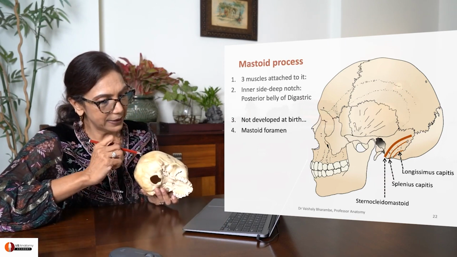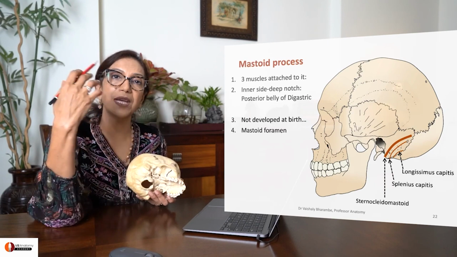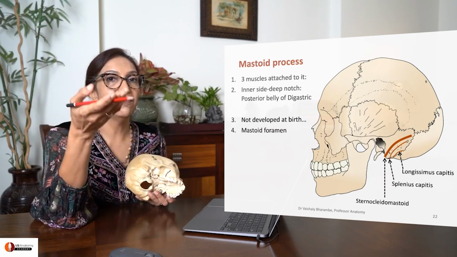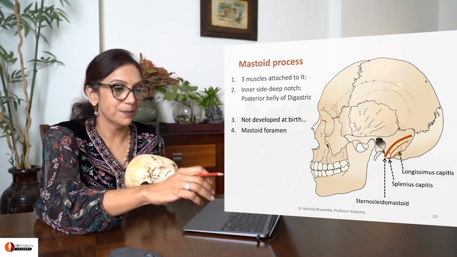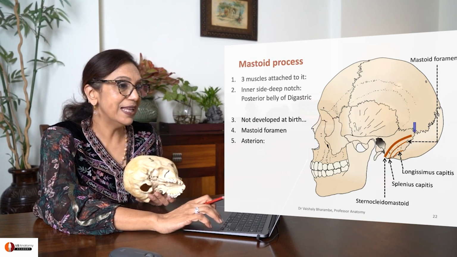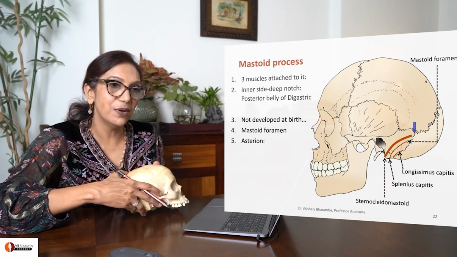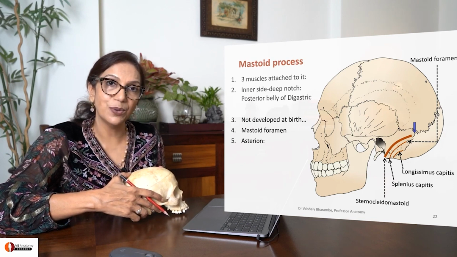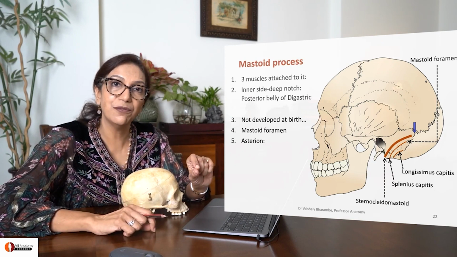Now you find a little mastoid foramen through which emissary veins communicate the posterior auricular vein with the sigmoid venous sinus on the deeper side. You can see the foramen here. And then you find a point called the asterion. I want you to remember what fontanelles are, and which fontanelle this is the ossified form of.